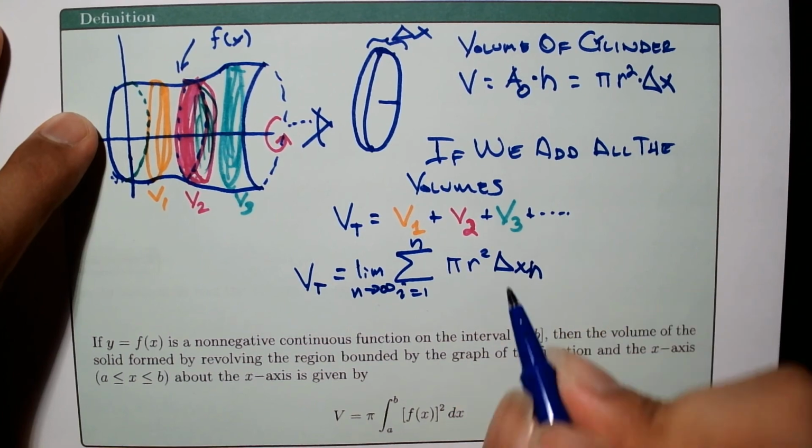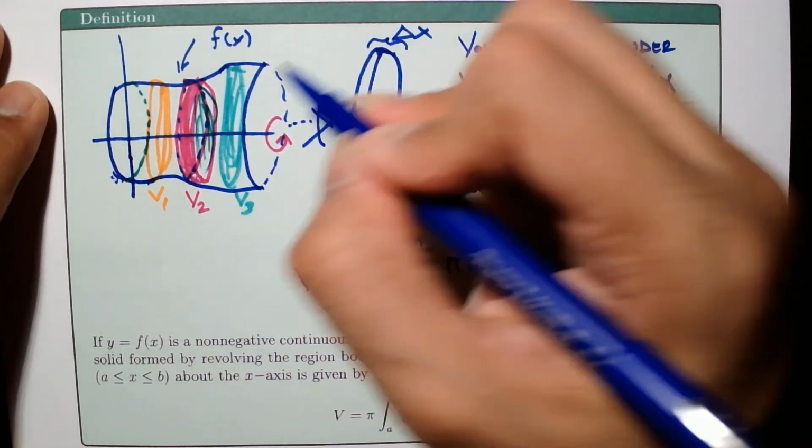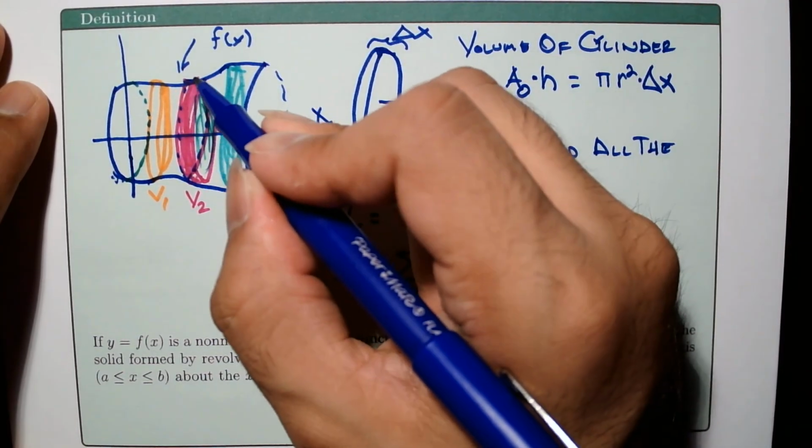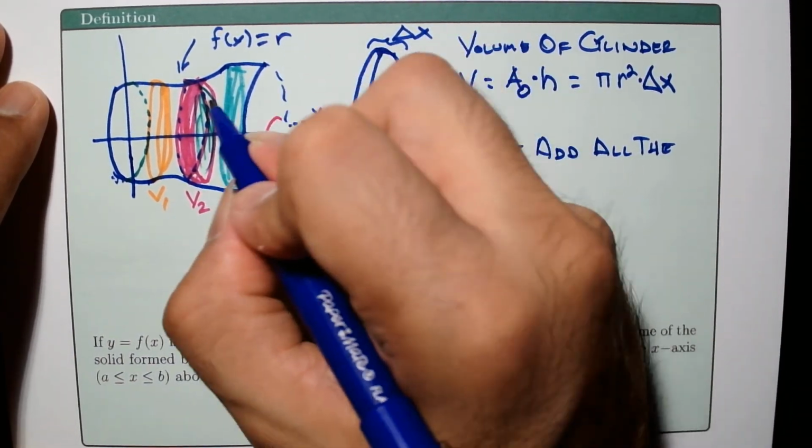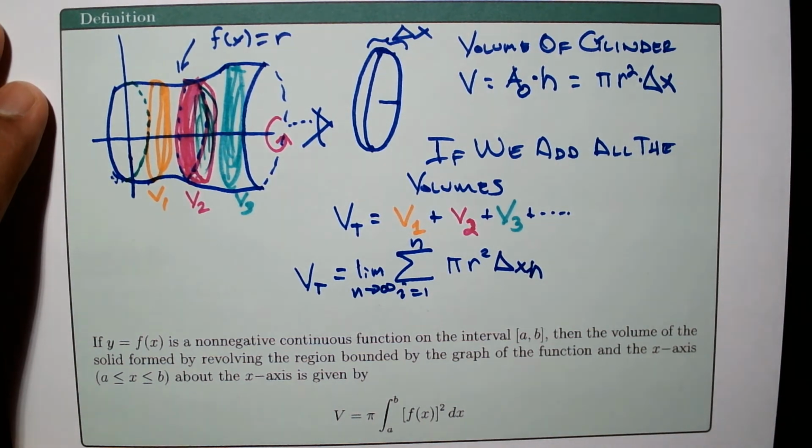But what about the r of x? In this case, this r of x will represent the function f of x. That's the radius of the solid.